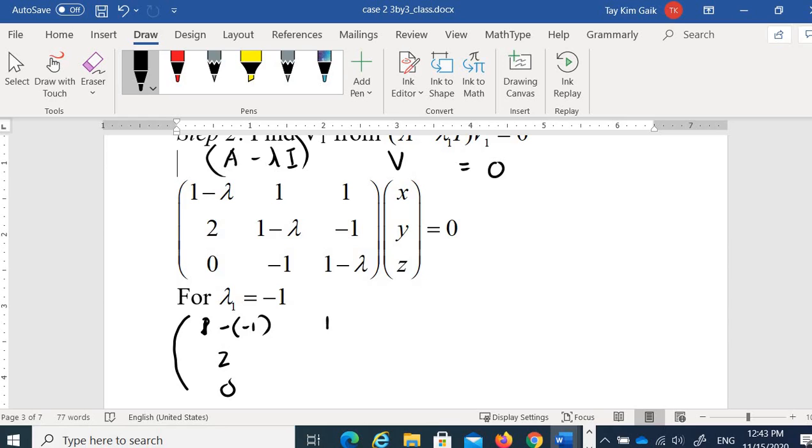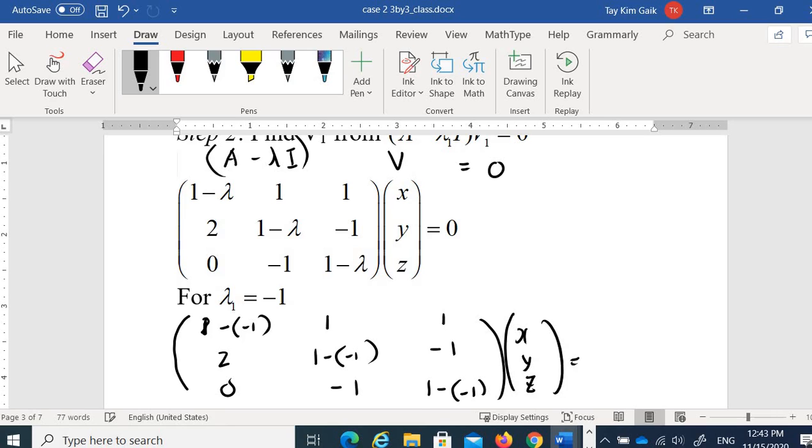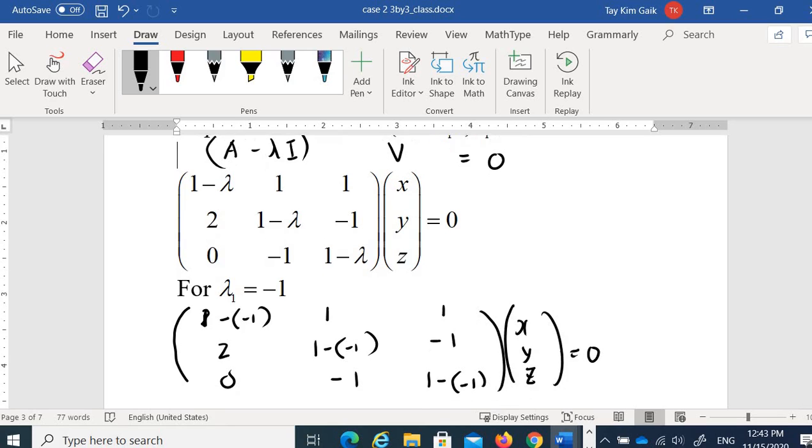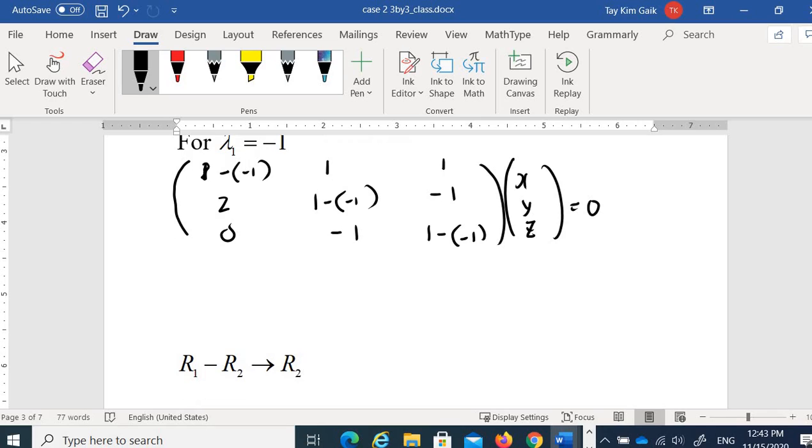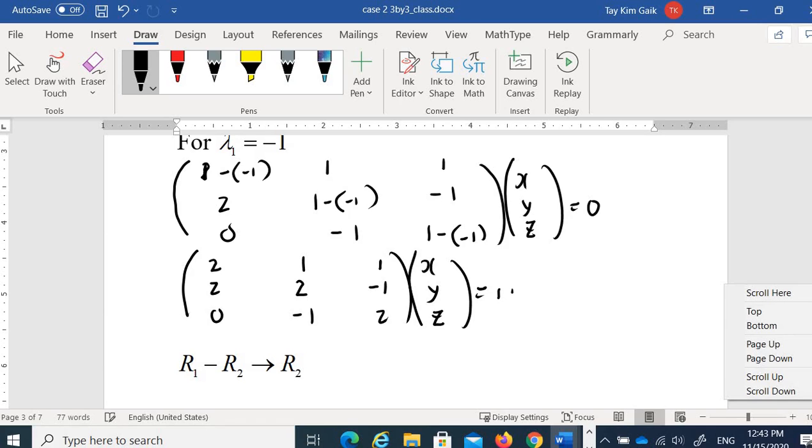This is 0, 1. So 1 minus negative 1, negative 1, 1, negative 1. So you have 2, 2, 0; 1, 2, negative 1; 1, negative 1, 2. And then x, y, z equal to 0.